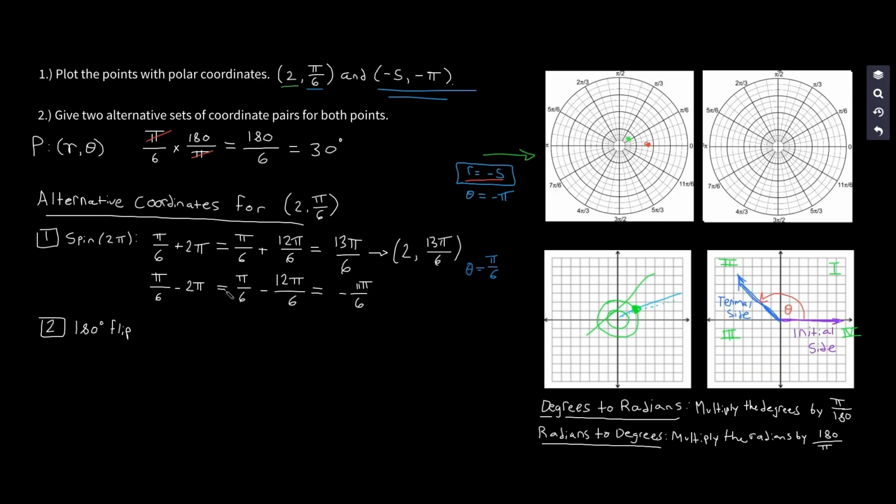We find the opposite direction by adding pi, 180 degrees, to our angle. So the first step here is to take pi over 6 and add pi to that, and that's going to equal 7 pi over 6.